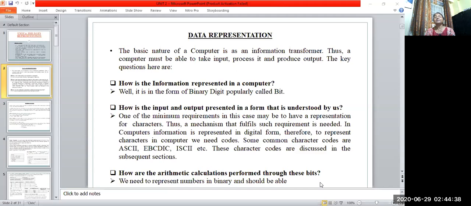We can understand any data or information when it is represented in our day-to-day language, the language used by us in our day-to-day life. To represent numerical values, we use the decimal number system.